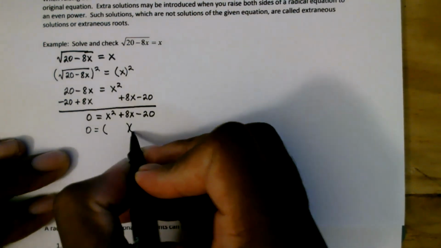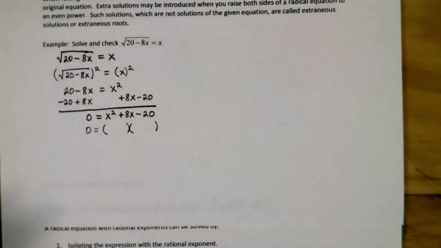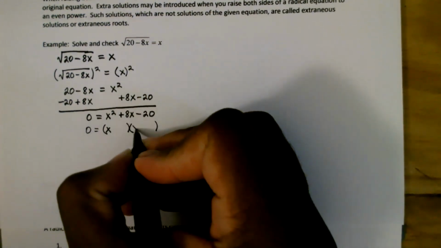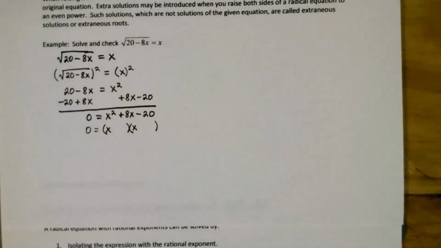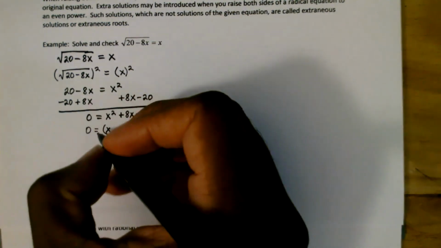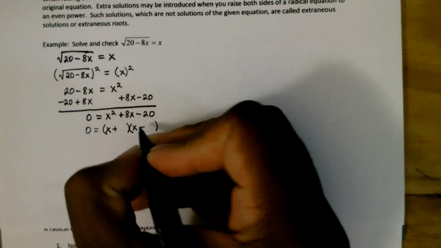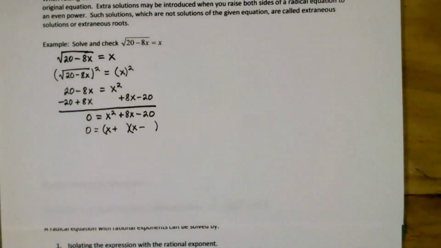And now I've got a quadratic expression that I can factor into two binomials here. So x squared factors into x and x. And then I need factors of negative 20 that would give me 8x as a middle term. That would mean one has to be plus, the other one has to be minus. And the larger of the two factors will take the sign of the middle term.